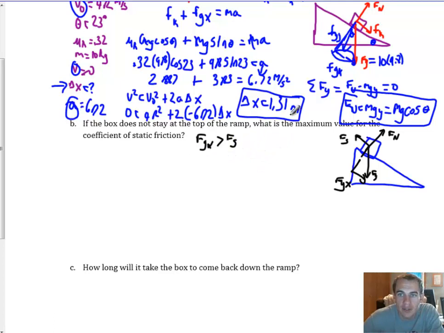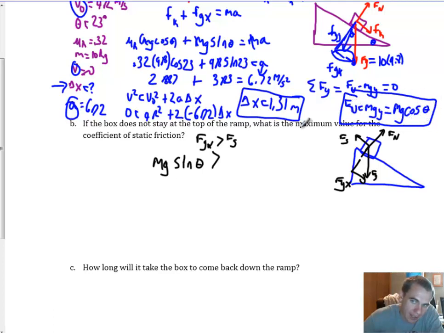Well, we know what FGX is. We calculated it up here. FGX is mg times the sine of the angle, mg sine theta. Okay, this has to be greater than the static frictional force. Well, the static frictional force is the normal force times the coefficient of static friction. But we know what the normal force is.